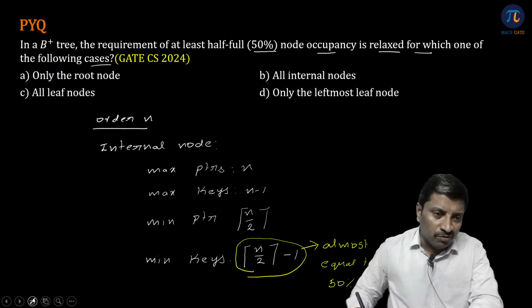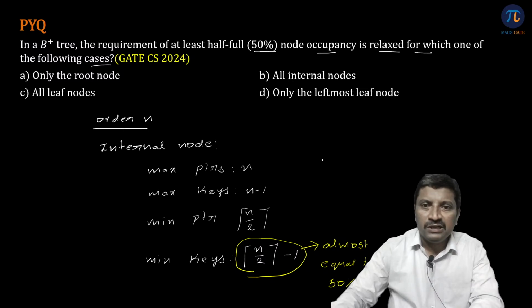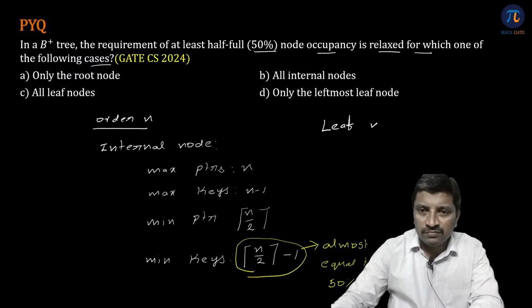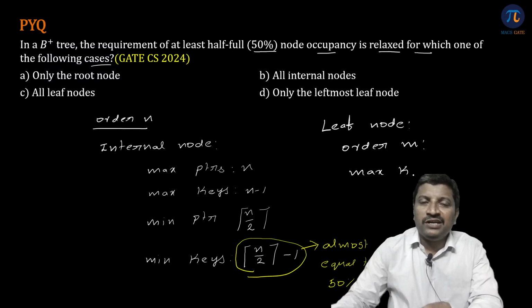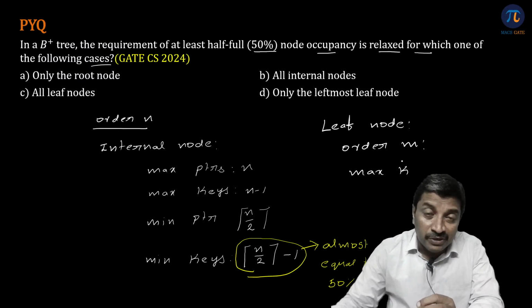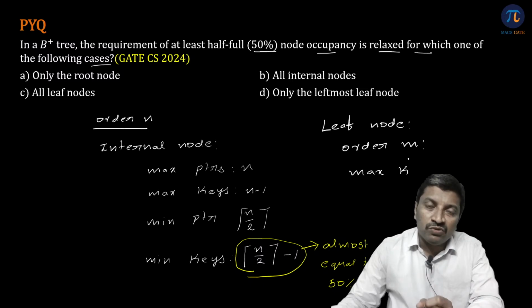Even for leaf node, suppose the order is m. What is the maximum number of keys? Here we don't have any pointers because it is a leaf node. So we don't have any children for leaf node.